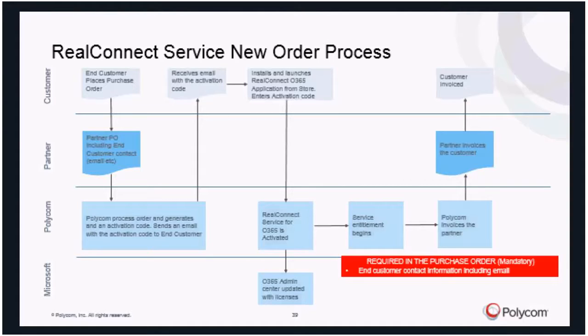The reason for that is when we get the order and generate the keys, we send them directly to them. Once they get the license keys, they're able to go through and install, launch, etc., enter the activation code. When it's activated, then we will update the admin center. The service entitlement begins. We invoice you, the partner, and you invoice the customer.